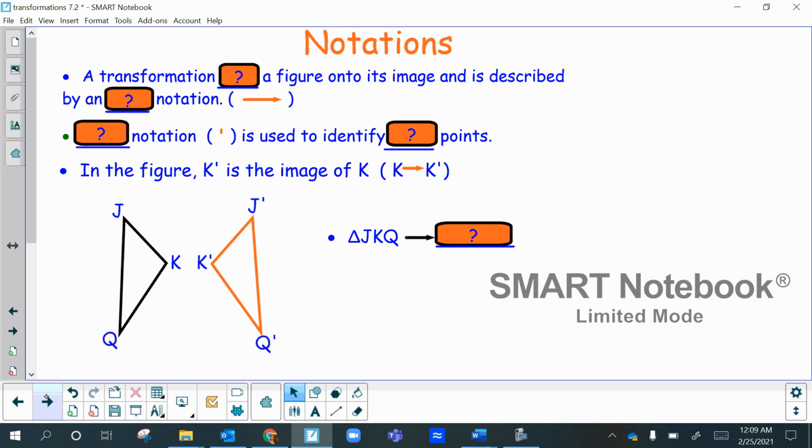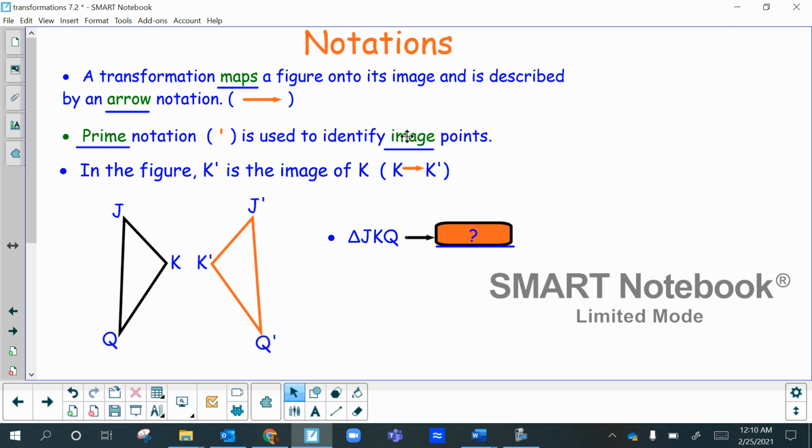Some notations you'll need to know that are going to be used on these transformation rules: the first bullet is when a transformation maps a figure onto its image, and it's described by an arrow notation. So we're going to use that arrow. Prime notation, I've said the word prime before, has an apostrophe on those images.